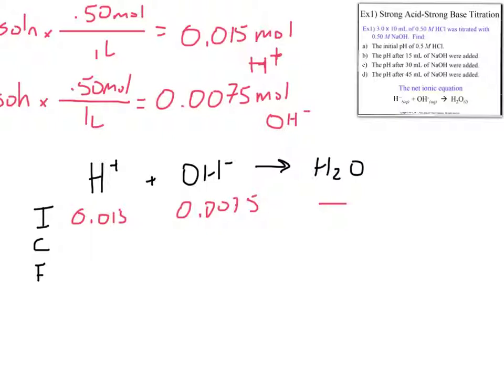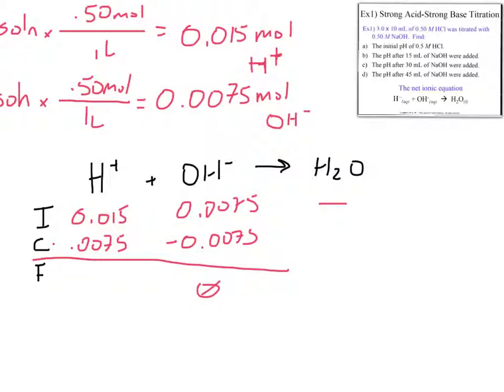And so then if we look at this, we've got a smaller amount of OH minus, so we know that's going to run out first. And so this is going to decrease by 0.0075, which means that this one would decrease by 0.0075. And so then in the end we would have 0 hydroxides left, and we would only have 0.0075 of the H pluses, so it'll cut it in half.